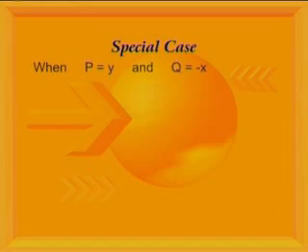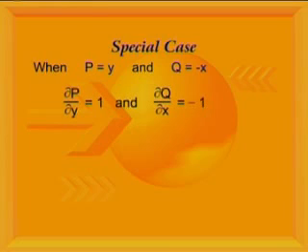Now P is y, so partial derivative of P with respect to y will be equal to 1, and Q is minus x. So the partial derivative of minus x with respect to x is equal to minus 1.